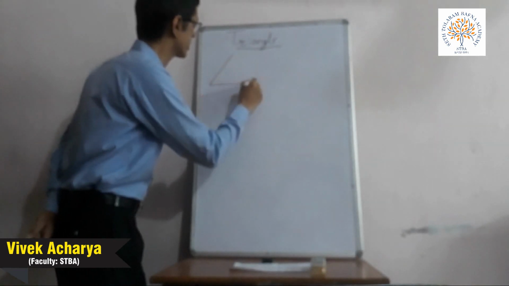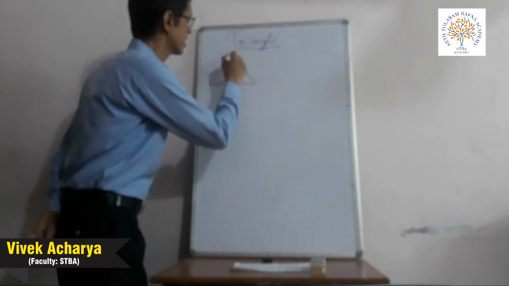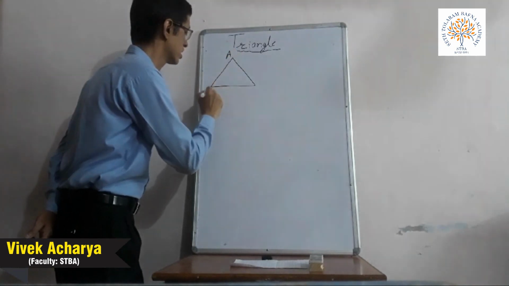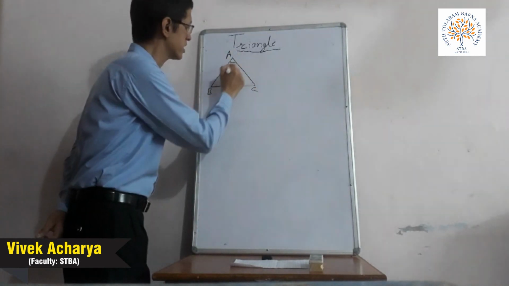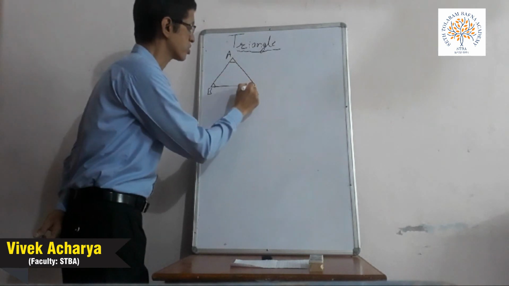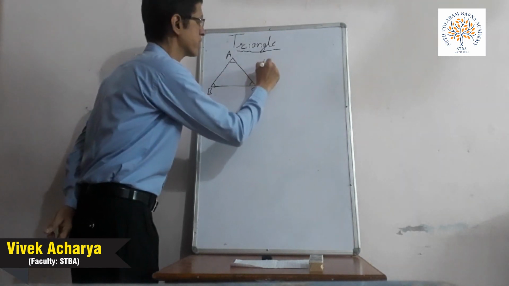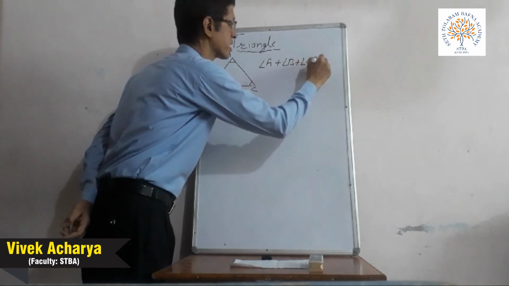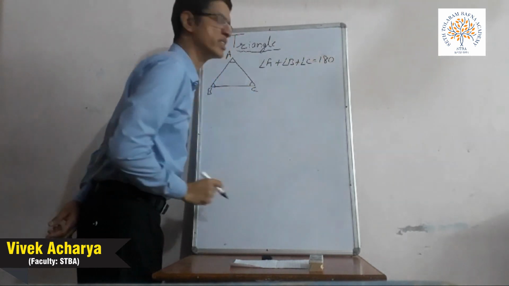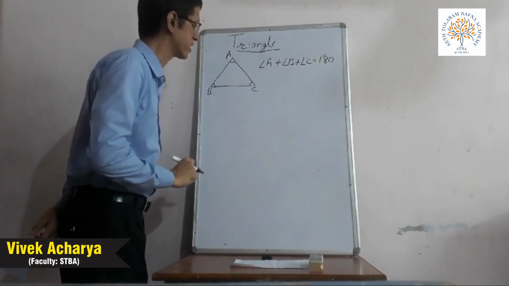Angle sum property, children, I explained that if I take any triangle ABC, the sum of the interior angles of the triangle is always equal to 180 degrees.